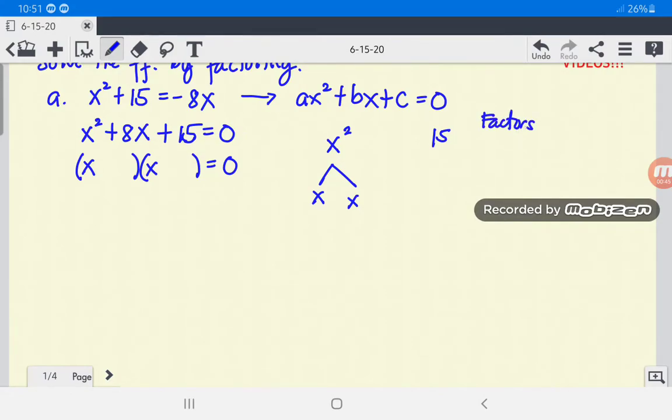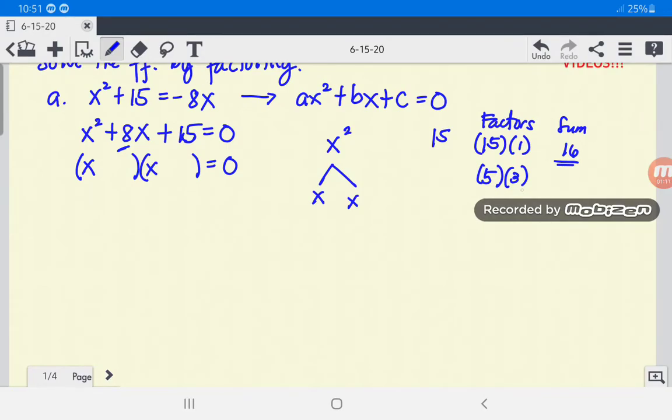So, let's see. Factors of 15, we have, let's say, 15 and then 1. 15 times 1. If you add them, that is 16, which is not the middle term. So, we are looking for the numerical coefficient of the middle term, which is 8. Then, how about 5 and then 3? So, 3 times 5, that is 15.